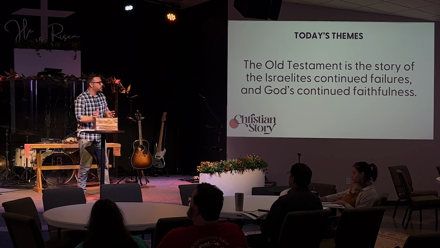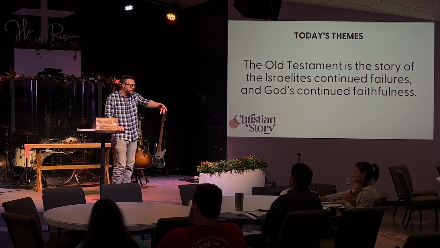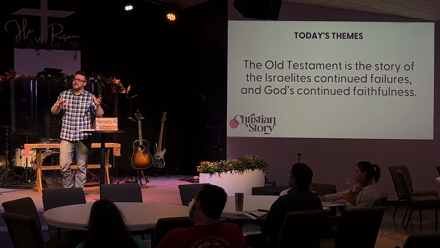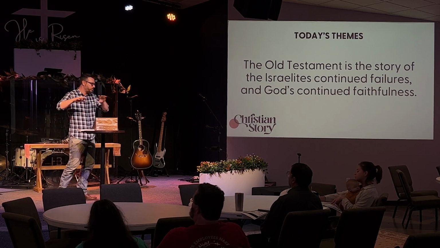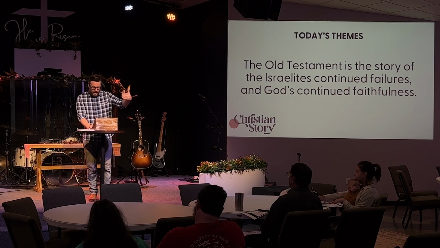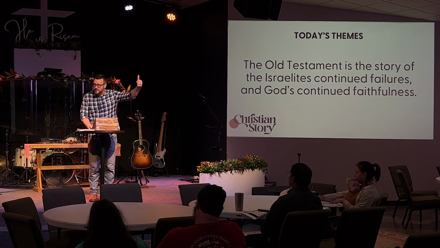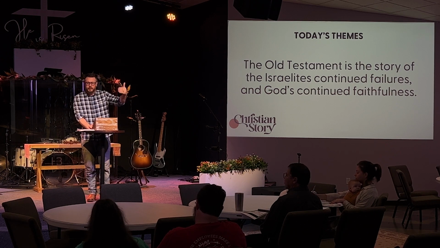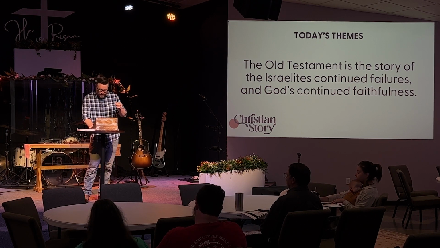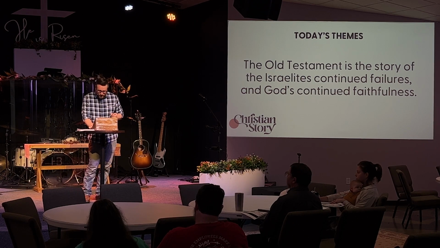They keep turning away despite everything that God's done for them, despite all the times that they face persecution, everything that happens, they keep turning away, and God keeps raising up these deliverers, these prophets, to try and set them right, and it only lasts for a small period of time. So a big part of what we're talking about today are the prophets.